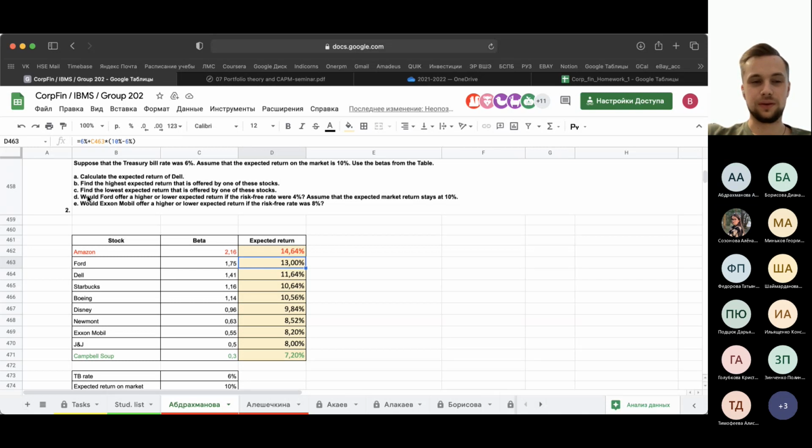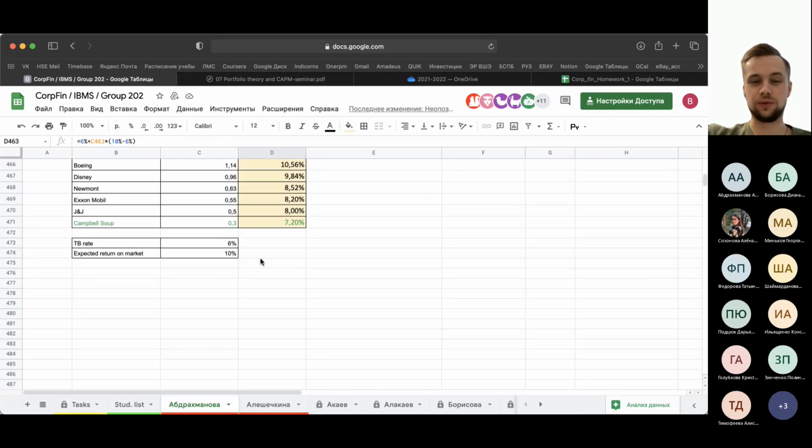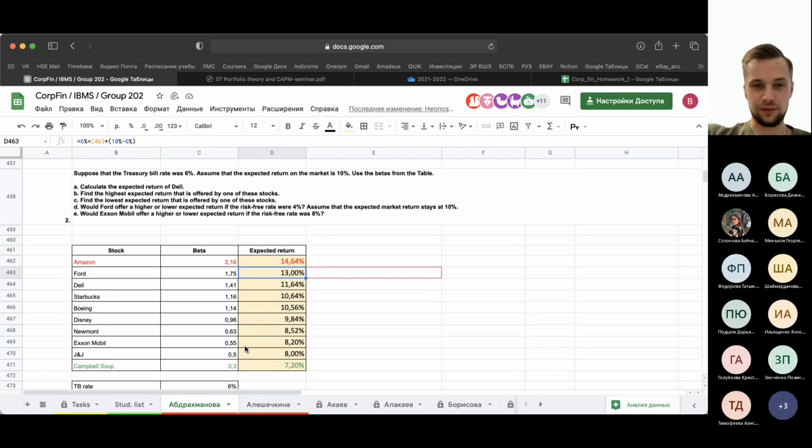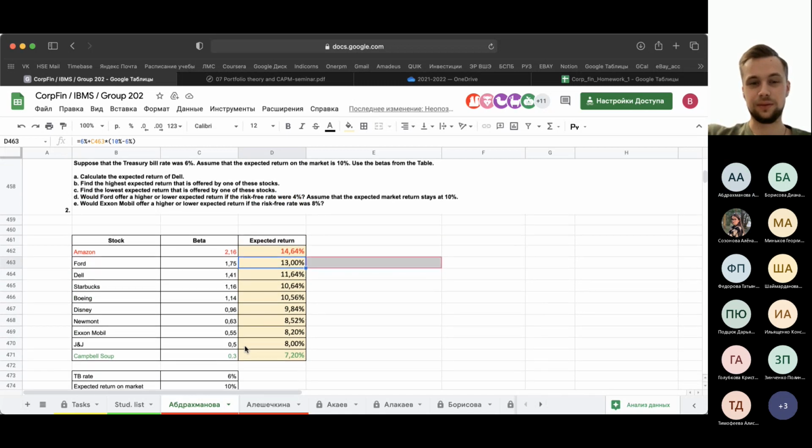Well, would Ford offer higher or lower expected return if the risk-free rate was 4%? This question is quite interesting. Of course, we can just change 6 to 4% and check it, but before we check, let's discuss what we are expecting.